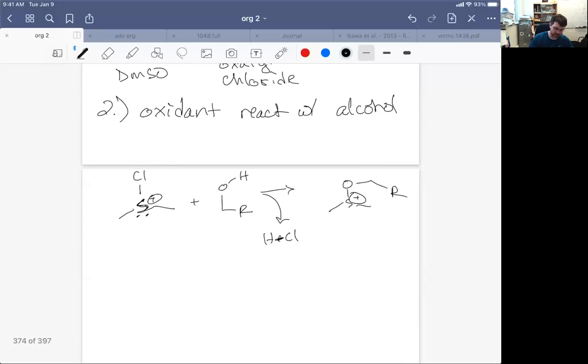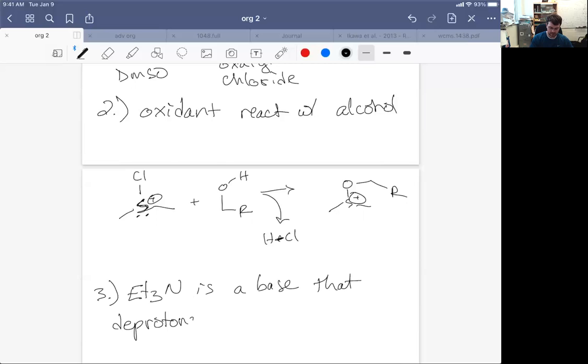That's because, in stage 3, we need to allow for the base, which is Et3N, to deprotonate the intermediate from stage 2.